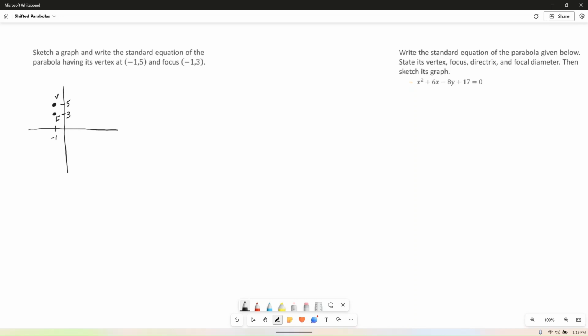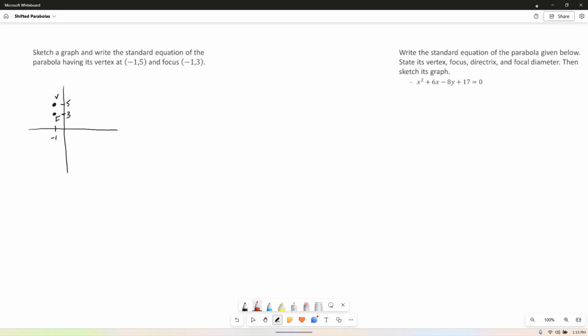So what's the orientation of our parabola? Which direction does it open? Remember, it has to pass through the vertex. It curves away from the directrix and around the focus. And both the focus and the vertex have to be on the axis of symmetry.